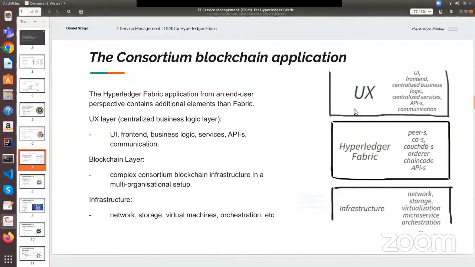What I want to point out is that when we speak of IT service management and Hyperledger Fabric, we should consider that it's probably a full application that should be up and running, not just Fabric. So it's much better to speak of IT service management for an application that has Hyperledger Fabric somewhere in between, which is of course probably the most difficult part. But it shouldn't be forgotten that we have other components below on the infrastructure side and upper on the user side as well.